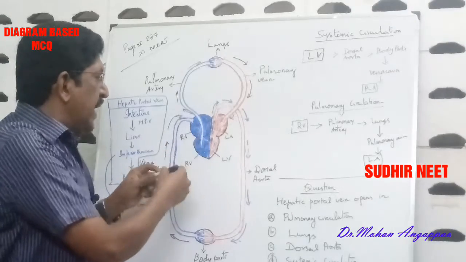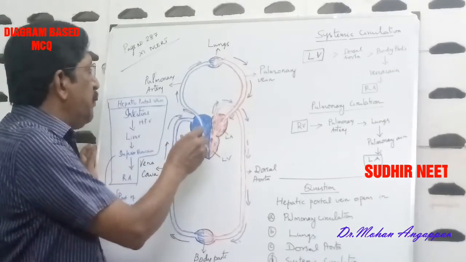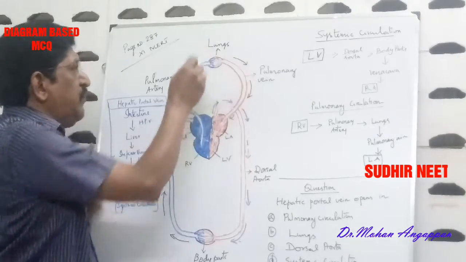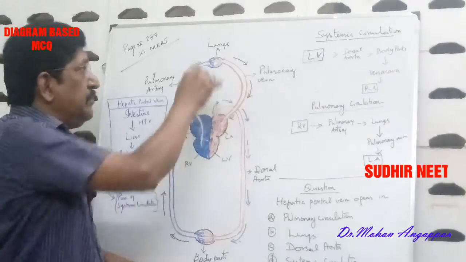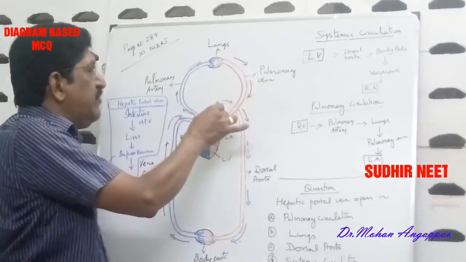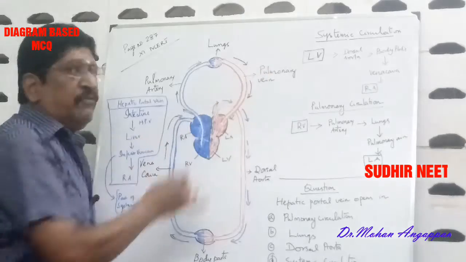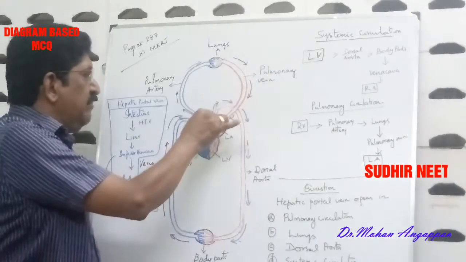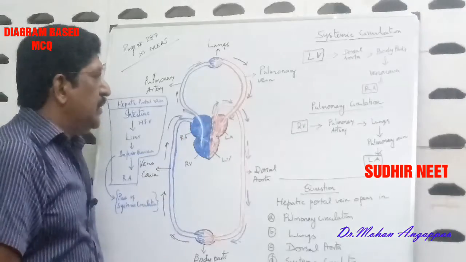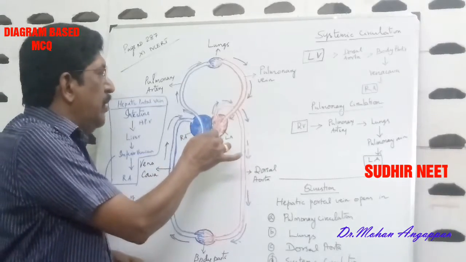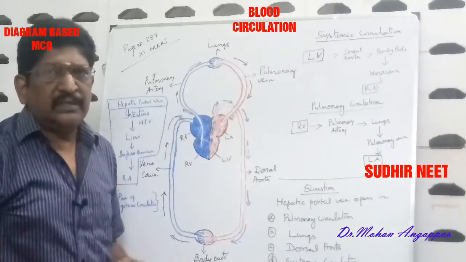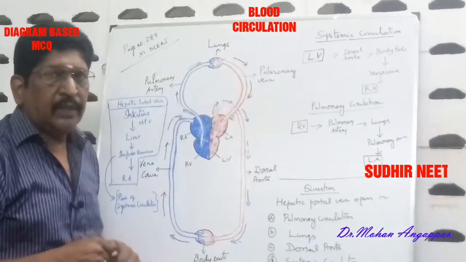When the ventricles contract, from the right ventricle, the impure blood goes through the pulmonary artery to the lungs for purification, and then from the lungs the purified pure blood comes to the left atrium through the pulmonary vein. Then from the left atrium the pure blood comes into the left ventricle. From the left ventricle the pure blood goes into aorta and it is distributed to all parts of the body. This is the general circulation.